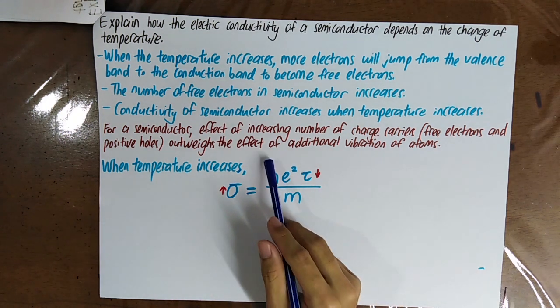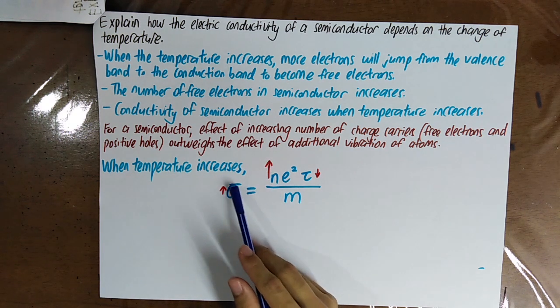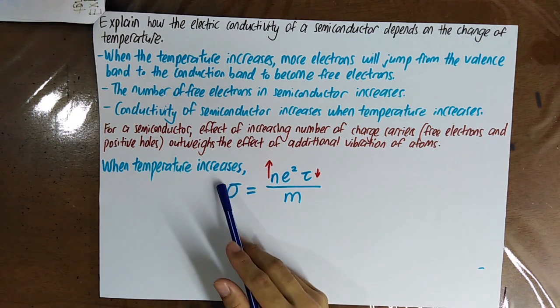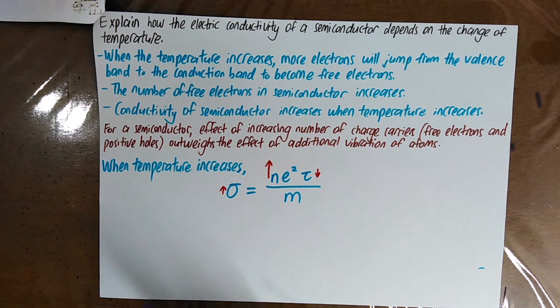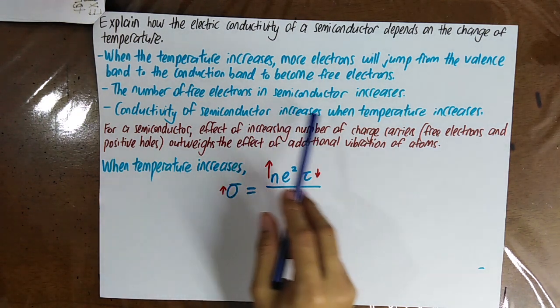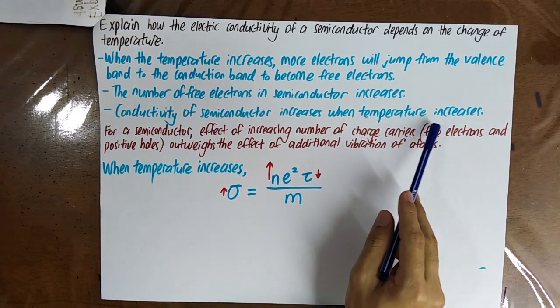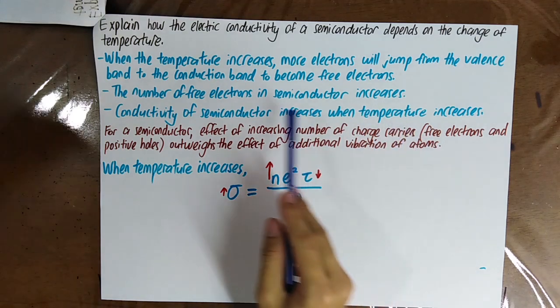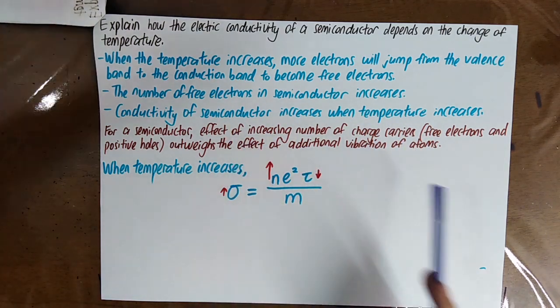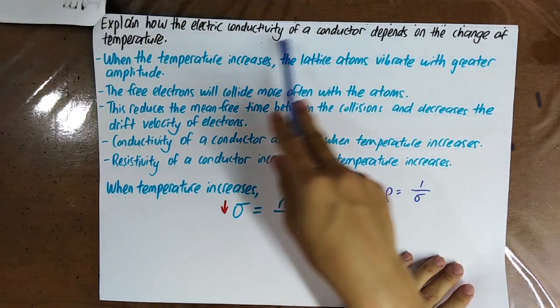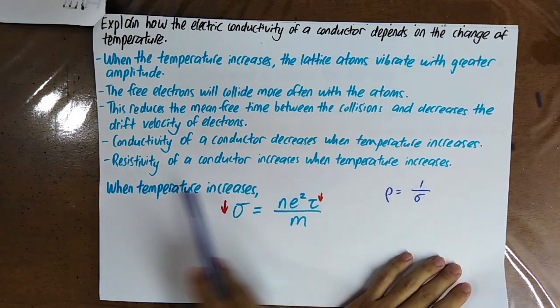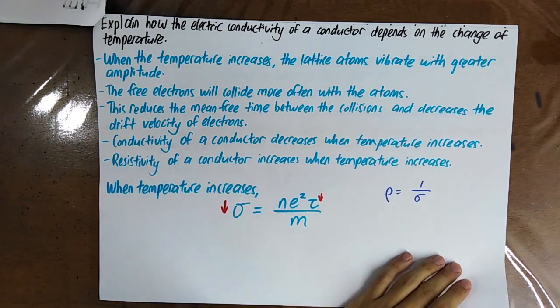So when N increases, sigma, which is the conductivity, increases. And that's why we say that when temperature increases, the conductivity of a semiconductor increases. And just now for the conductor, when temperature increases, the conductivity decreases.